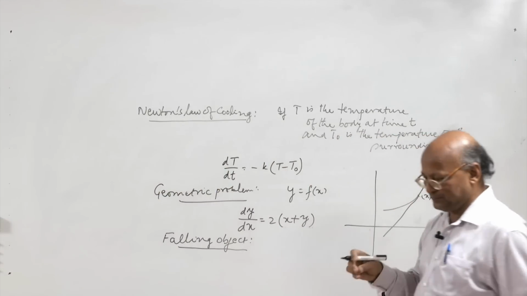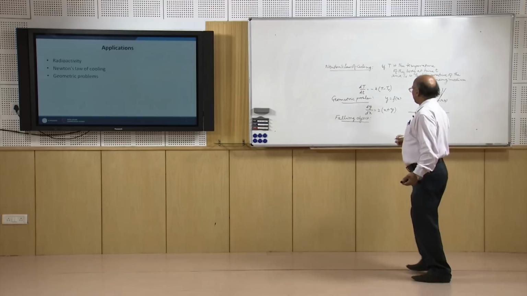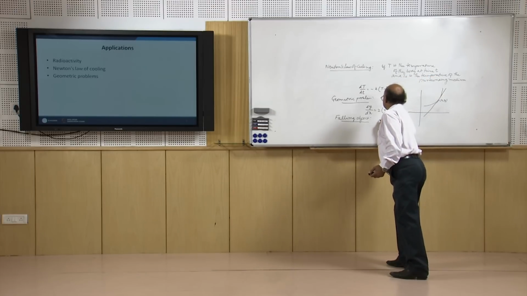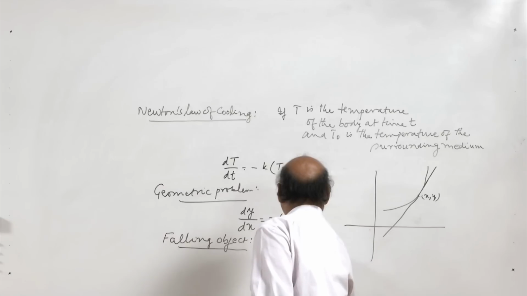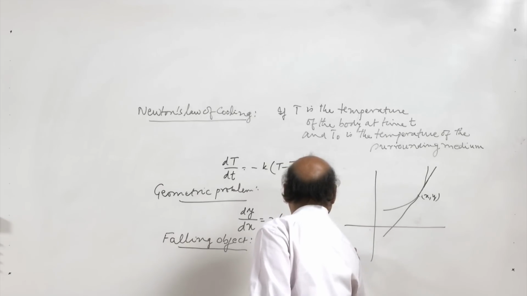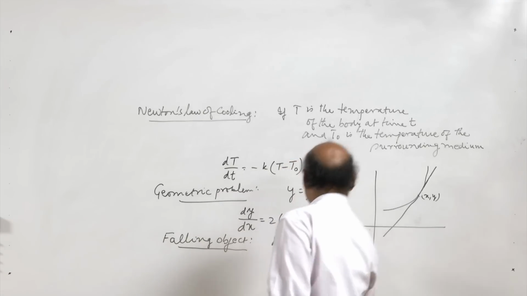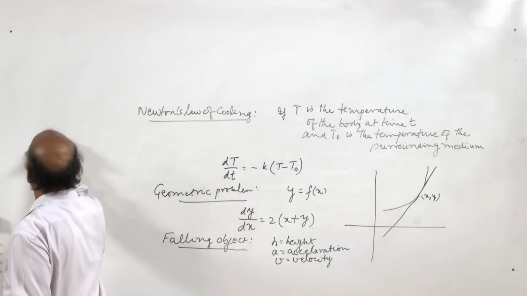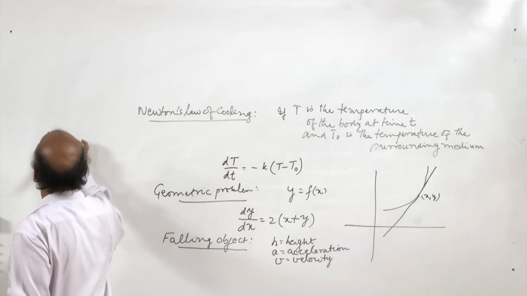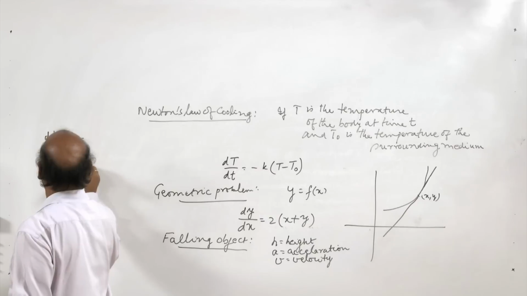A falling object. Suppose we have a body that falls from a certain height at time t equal to 0. At time t, let us assume that h is the height of the body, a is the acceleration, and v is the velocity. Then we shall have dh/dt = v and dv/dt = a.